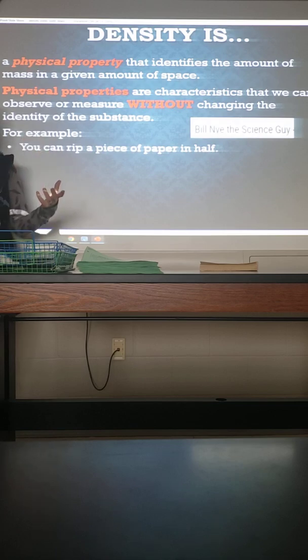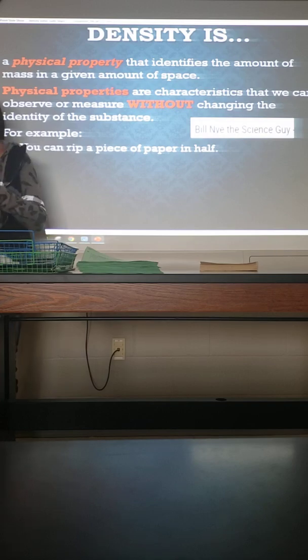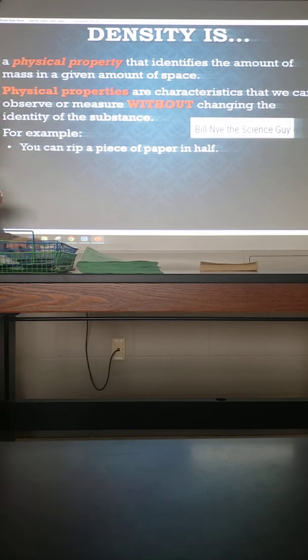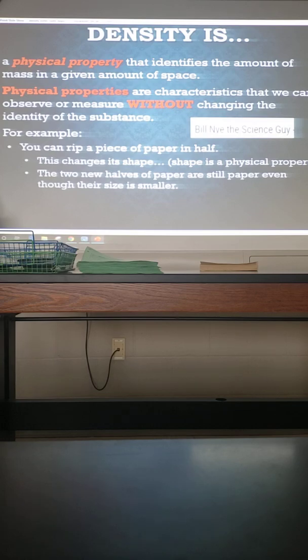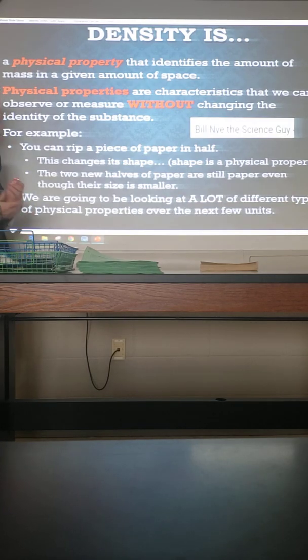I didn't chemically change it. It's not like I burnt it, where it's no longer made of the same molecules, or the same material as I started with. So anything that doesn't change what it's physically made of is considered a physical property. It just changed its shape or its size, and so the 2 new halves of paper are still paper even though their size is smaller, okay?